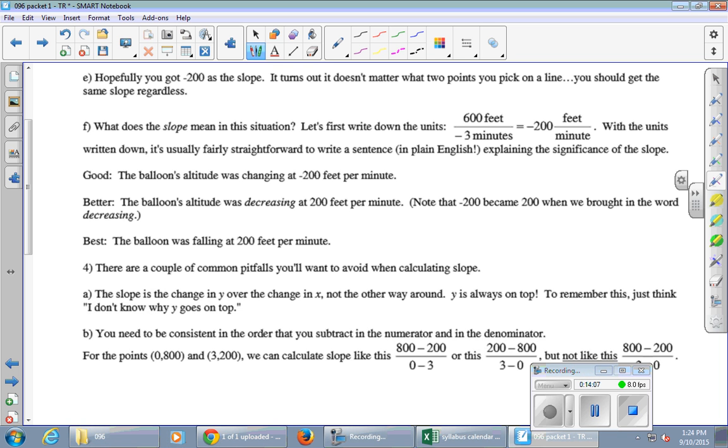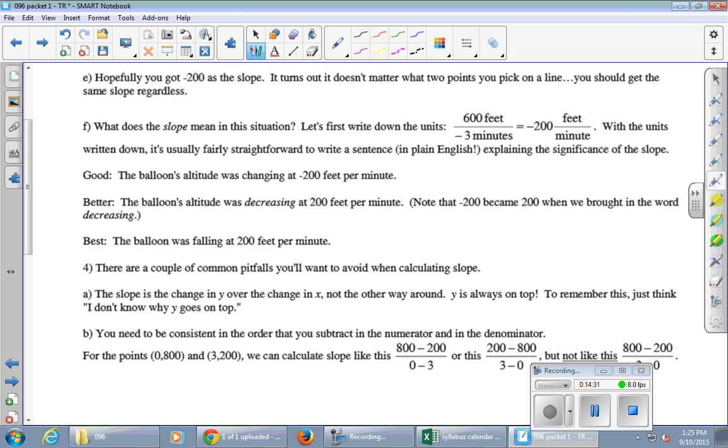So here's a good full credit answer. The balloon's altitude was changing at -200 feet per minute. Per is important, okay? A little bit better. To say it was changing at -200, that negative really means it was doing what? Decreasing, yeah? So maybe a little bit better. The balloon's altitude was decreasing at 200 feet per minute.